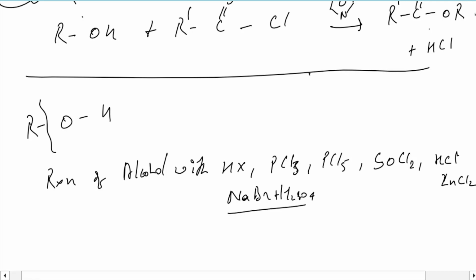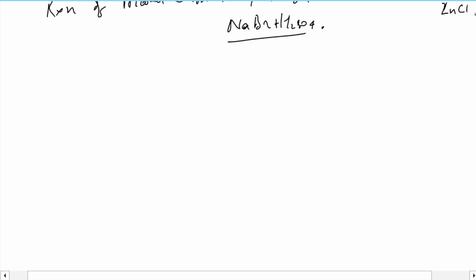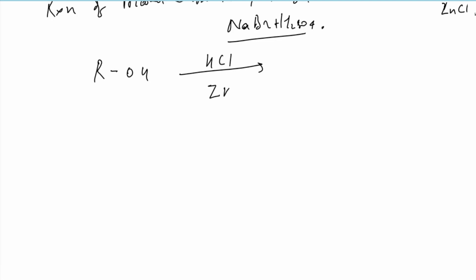So all these were examples of the chemical reactions of alcohol. So ROH, that is reacted with HCl in the presence of ZnCl2. This forms RCl. This is also known as Groove's process.